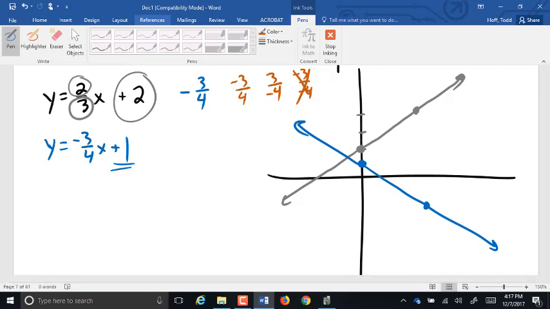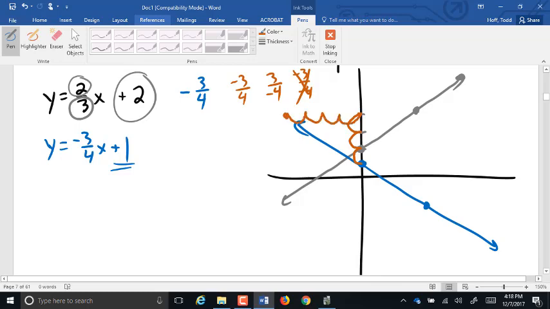You can't. Only one or the other. That's why I always say that you make the rise negative and the run is always positive. That's how we had the down 3 over 4. But you could have, if you wanted to, kept the rise positive going up 1, 2, 3, and then you make the run negative, so you go back 1, 2, 3, 4, like that. Notice that's still on the same line, it's just a different point on that line.